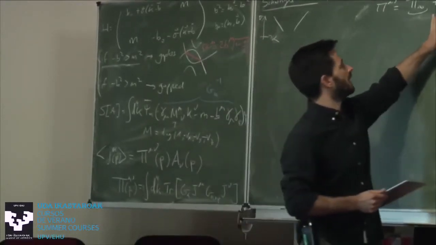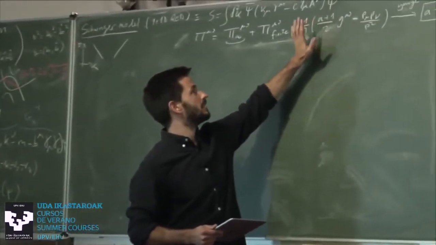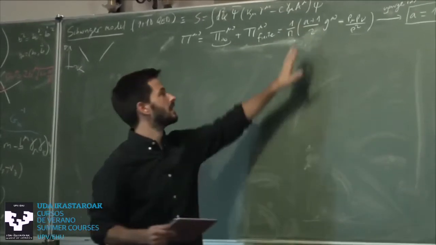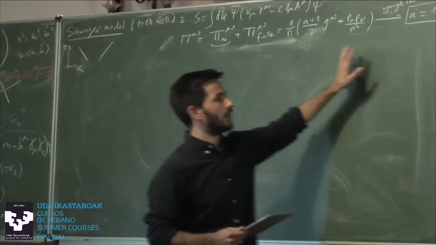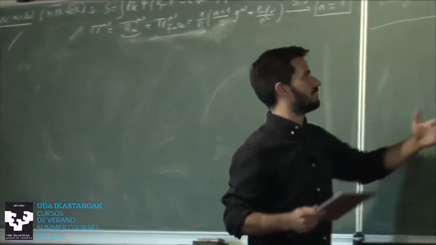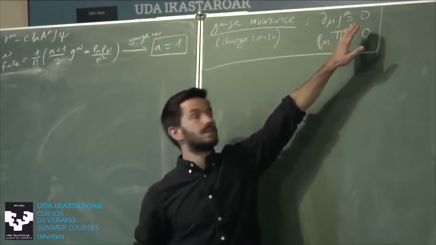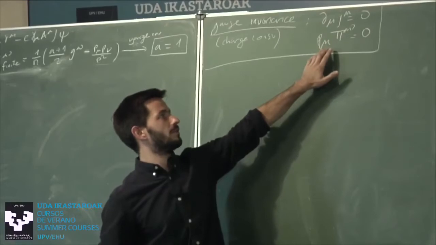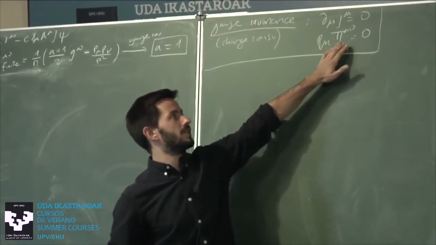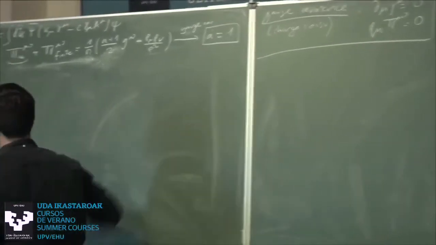And we saw that it was dependent on how we regularize the theory. But we fixed this ambiguity by considering gauge invariance, which imposes charge conservation, which imposes that this divergence has to be 0. In momentum space that means the polarization function times the momentum has to be 0, and this fixes A to be 1.